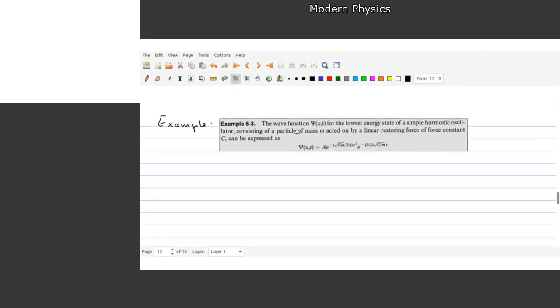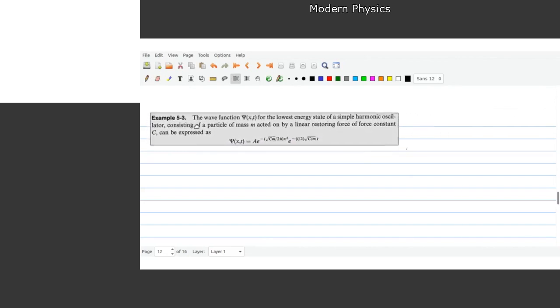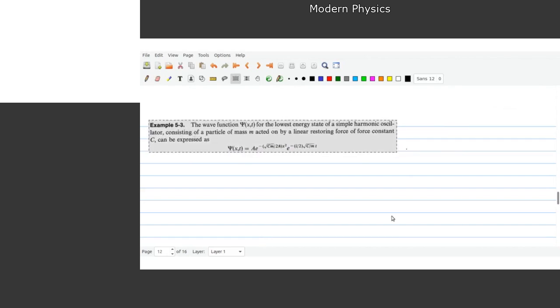This is an example from the Eisberg book.